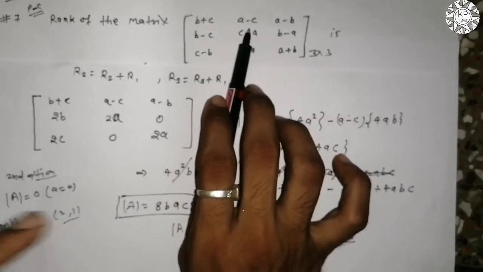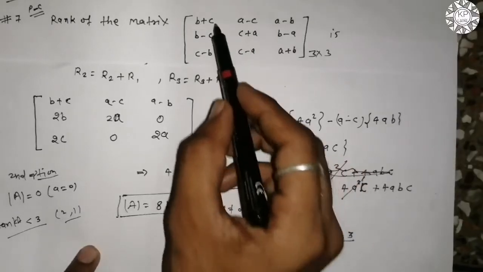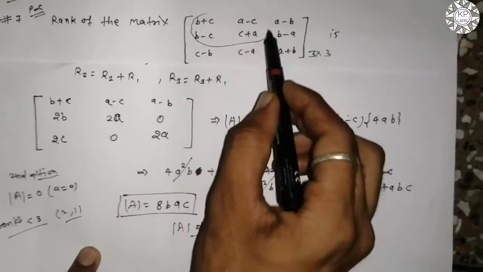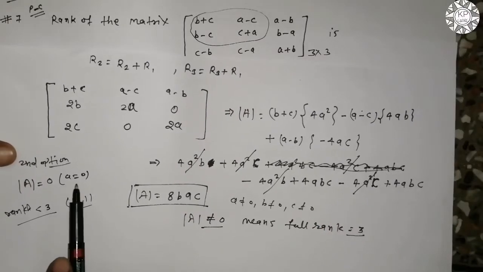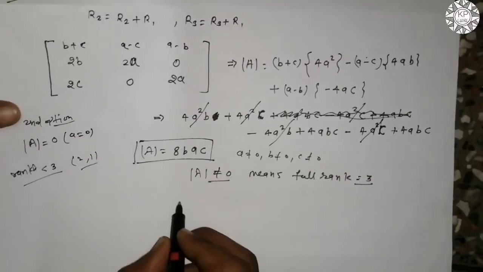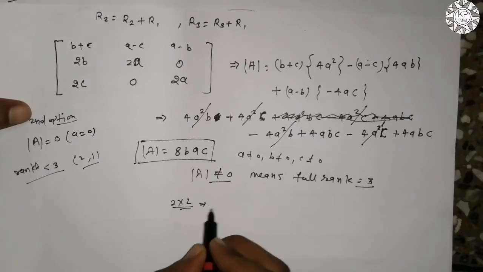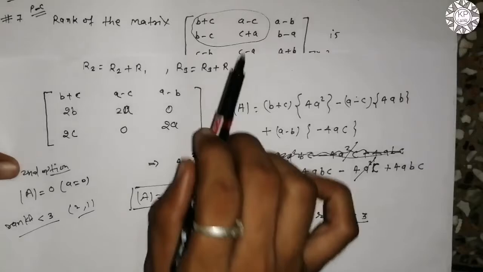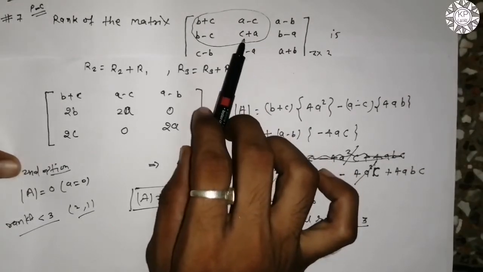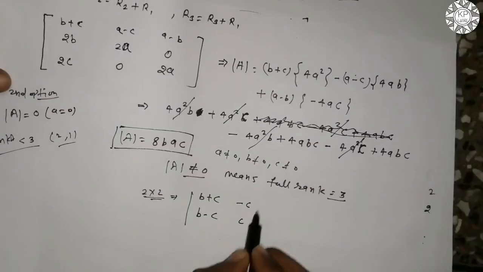Put a equals 0 in the 2 cross 2 block, because it is given in the condition that a equals 0. Now in 2 cross 2, b plus c, b minus c, putting a equal to 0, we get minus c and plus c, minus c and plus c.